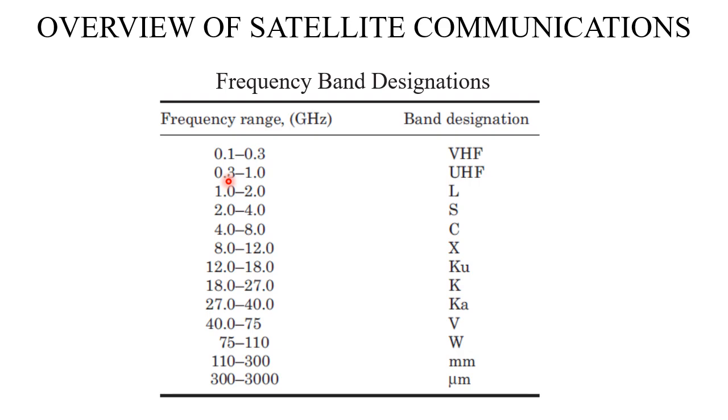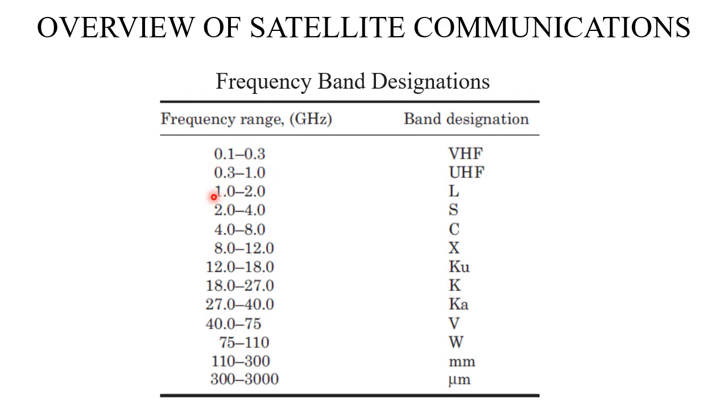Now 0.3 to 1 gigahertz, this range is called the ultra high frequency or UHF range. Mobile communication system, that is 900 megahertz mobile communication system, is using this particular range of frequency.